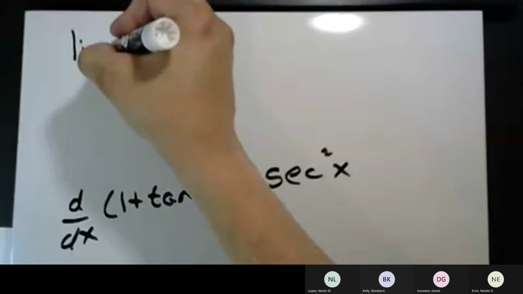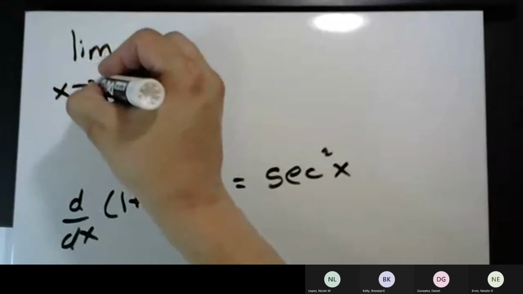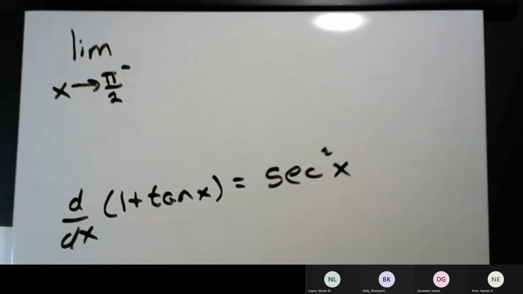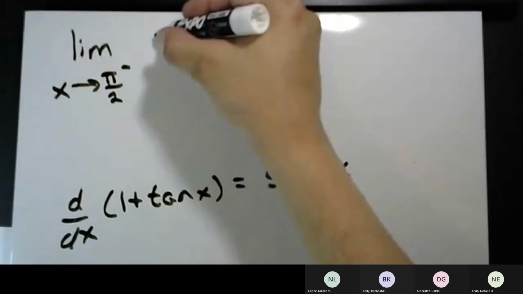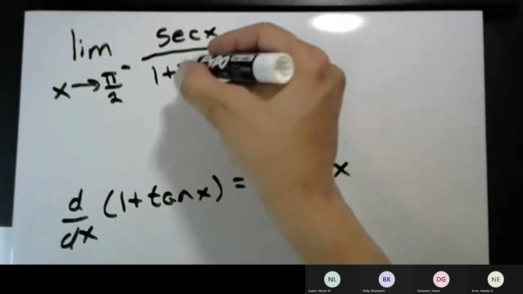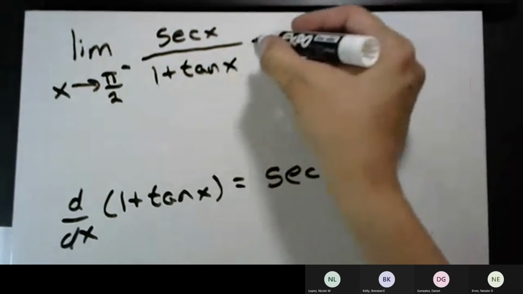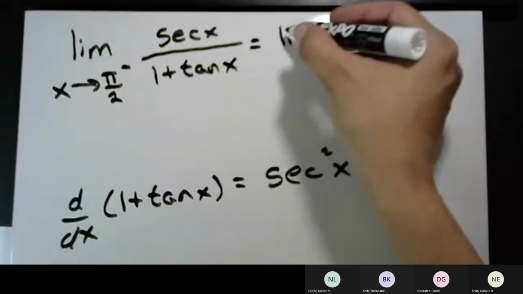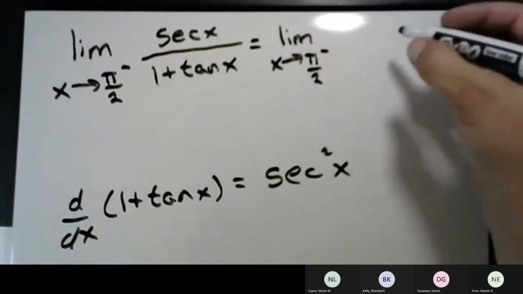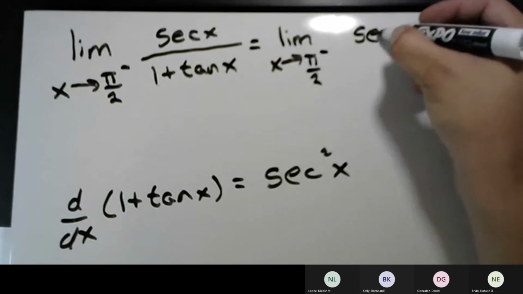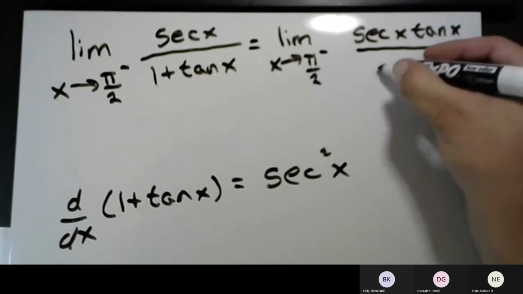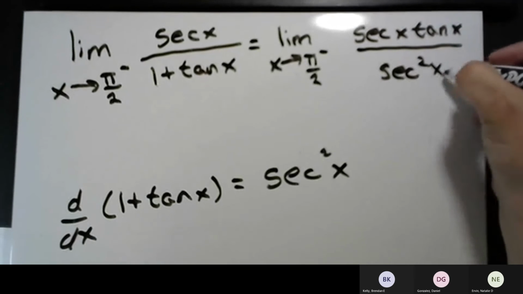So what this is going to give us is the limit as x approaches pi over 2 from the left, or the negative side, of secant x over 1 plus tangent x. Well, this will be equal to the limit as x approaches pi over 2 from the left of secant x tangent x over secant squared x.